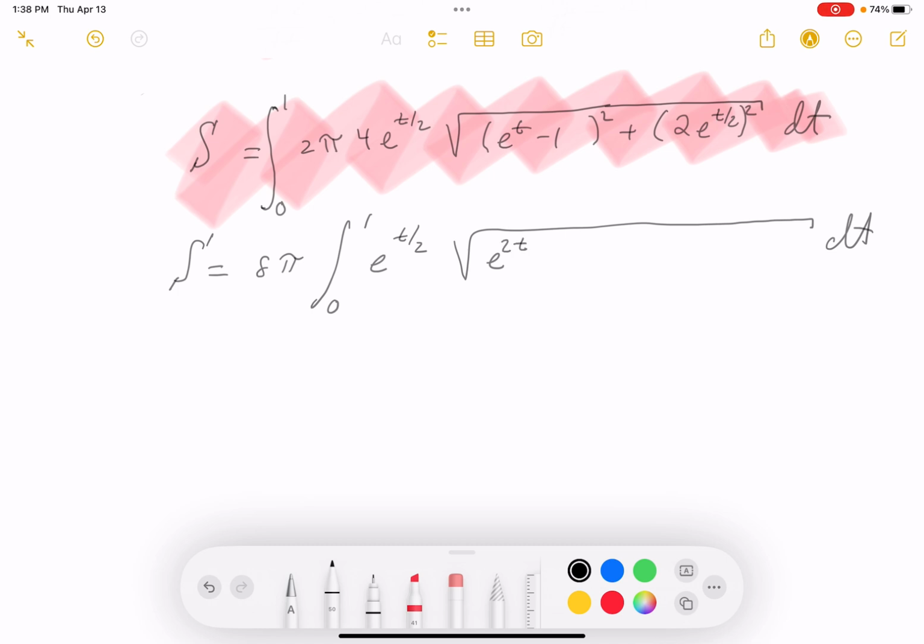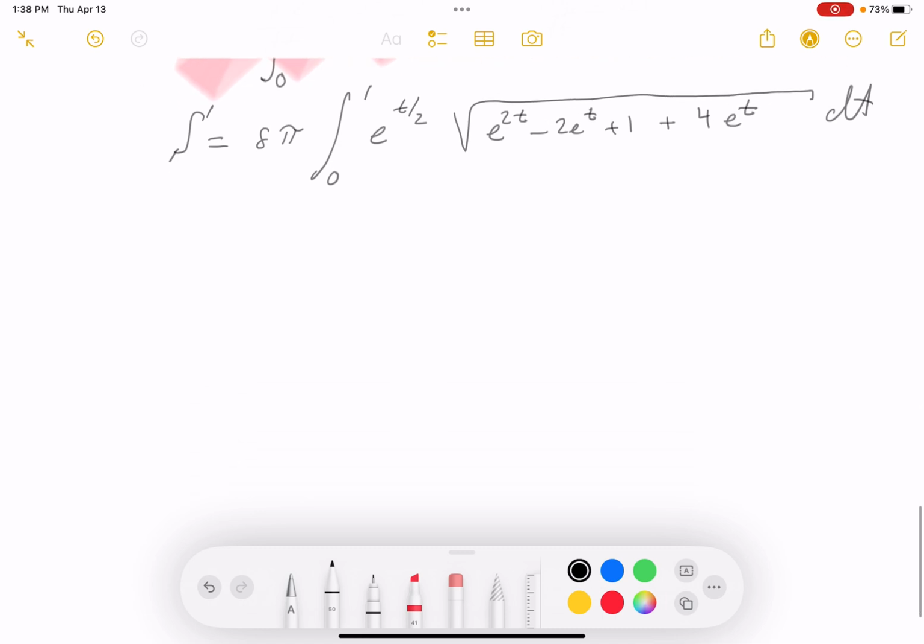That's not so bad. And then you're going to get minus 2 e to the t, and then you can get plus 1. And then what do you get? You get plus, well, 2 squared is 4, and then when I square that, it's just going to be e to the t now. All right, I'm suspecting this is going to work out pretty nice, by the way. There's going to be no real special tricks over here.